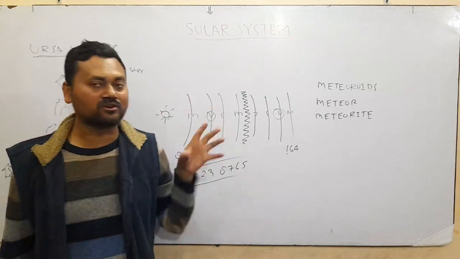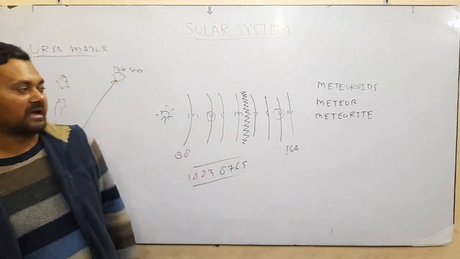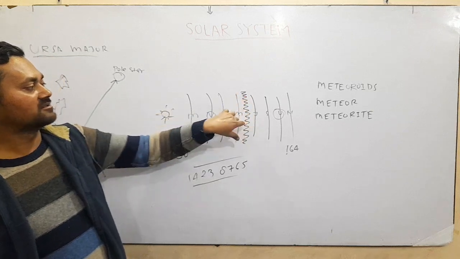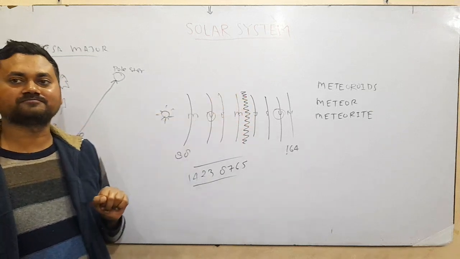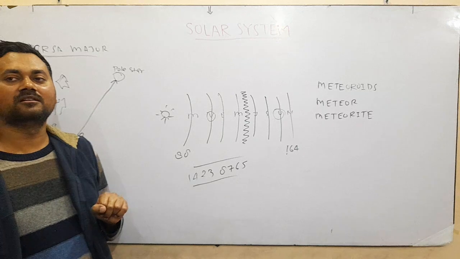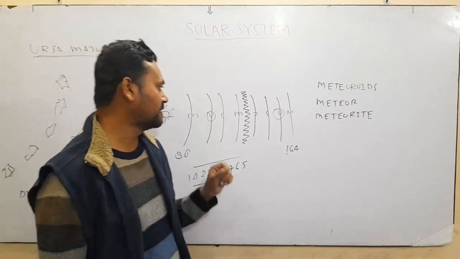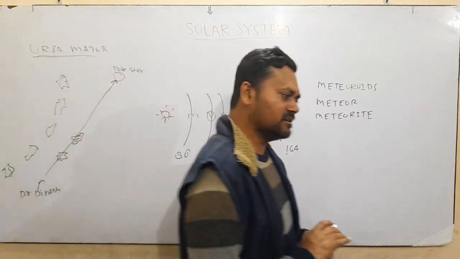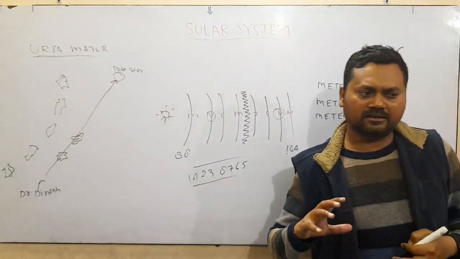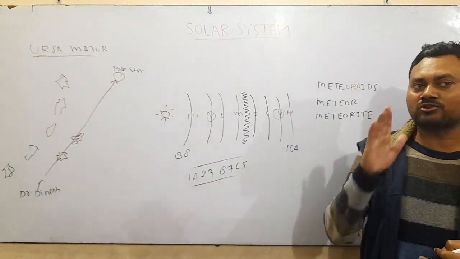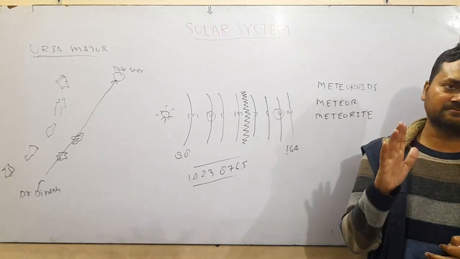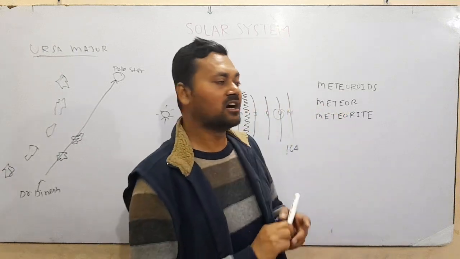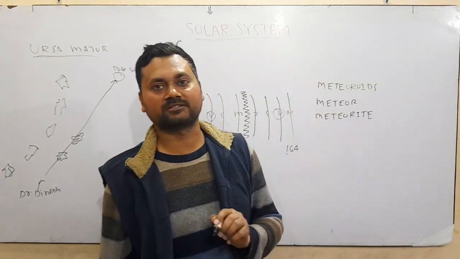How are these four terms different from each other, and how are they related to this belt that is called the asteroid belt? Actually, look, the asteroids, those that are a little smaller in size, are called the meteoroids.